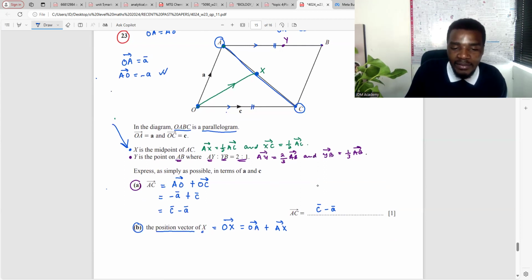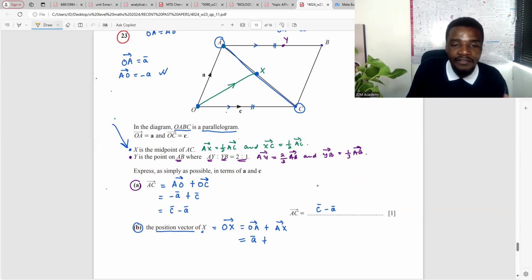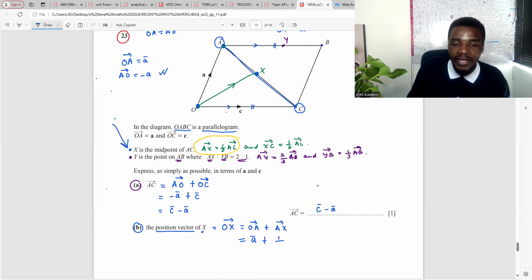So here we can simply plug in the information that we have. What is vector OA? Vector OA is basically vector A, plus what is vector AX? Remember, we interpreted vector AX previously, whereby we said vector AX is half of vector AC.